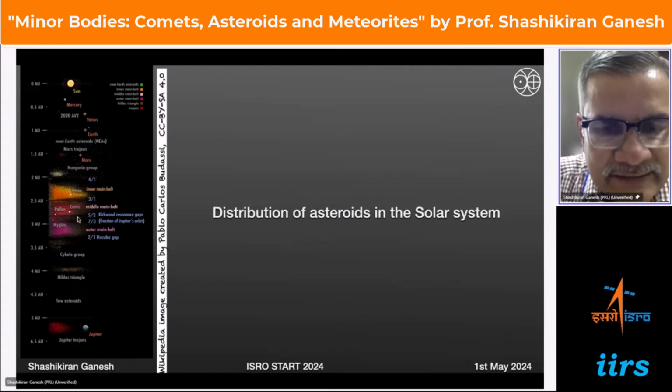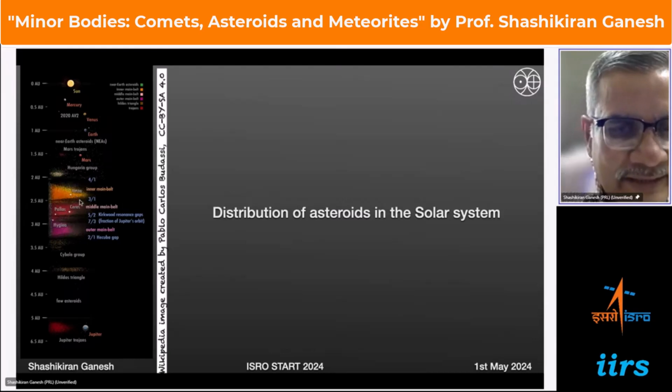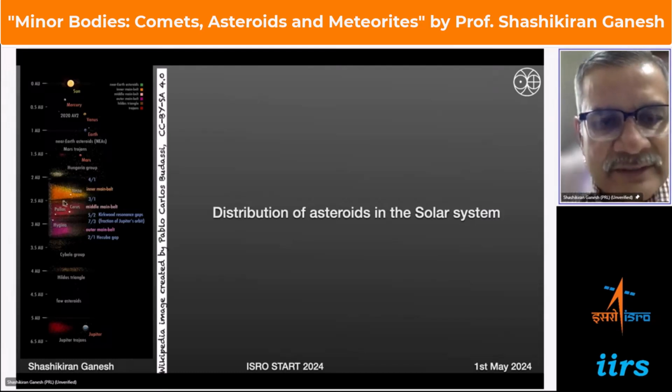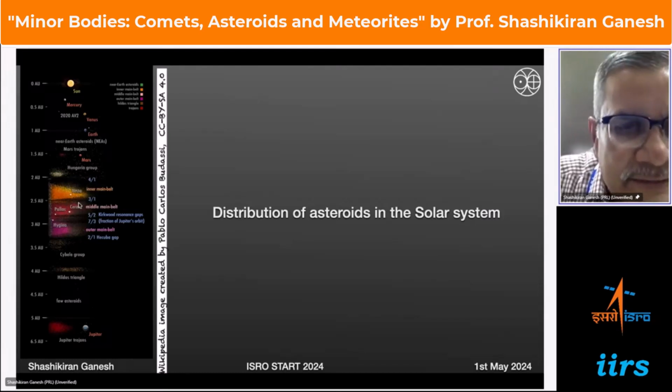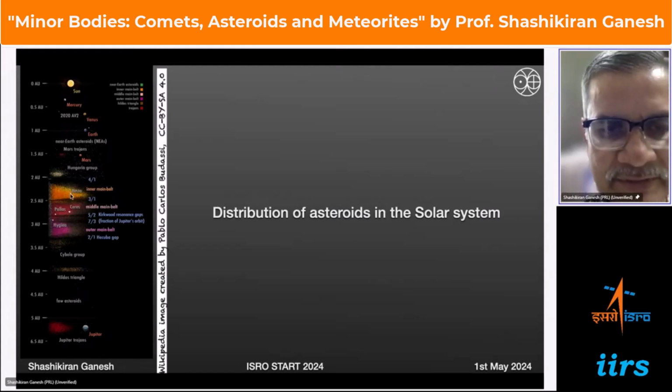So three different belts. And then you have several bands in between, which are populated by fewer objects because of their resonance with Jupiter. Prominent examples in the middle main belt are Pallas and Ceres.